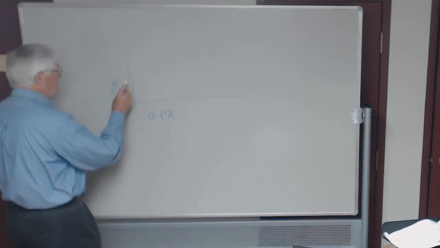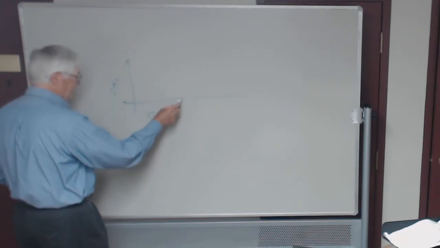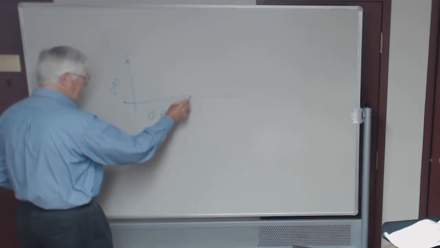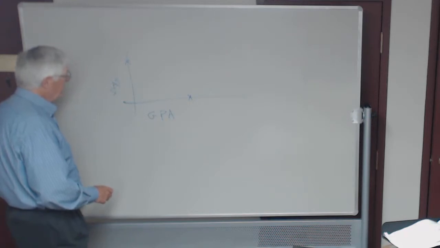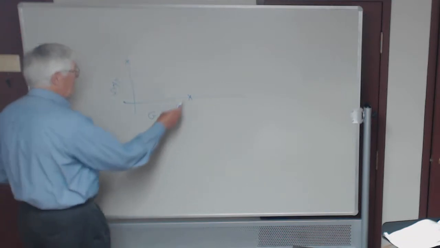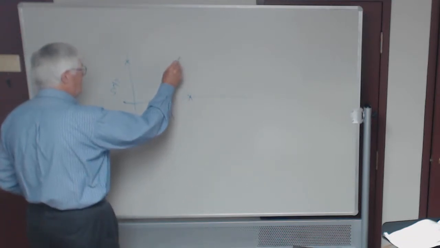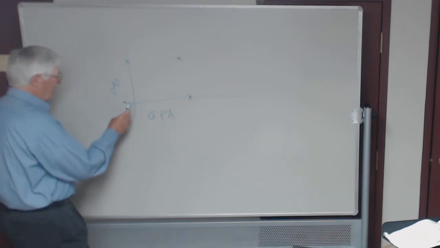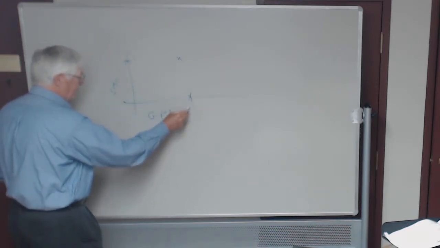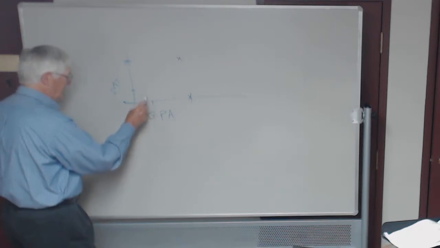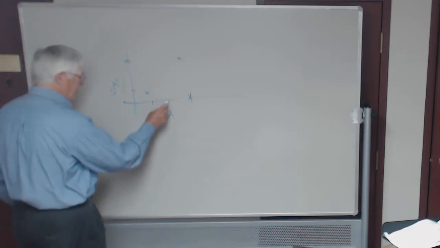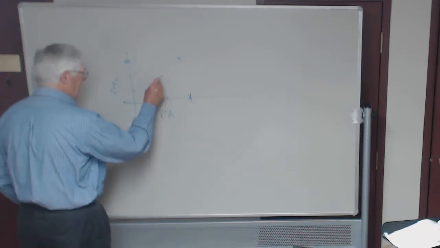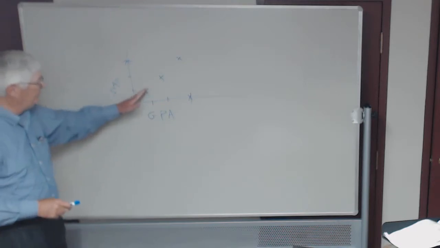If it's high up here and it's high out here, and if it's low here and it's also low here, and if it's medium here and it's medium here, then what kind of correlation is that?